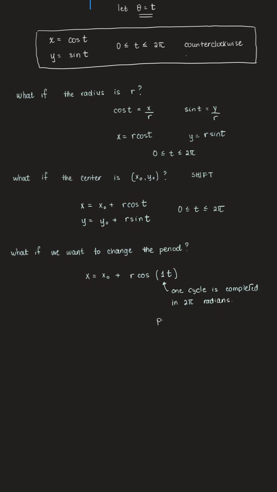And the period, let's call this 1, this coefficient of t, we're going to call that b. We find the period by dividing 2 pi by b. Let me explain.